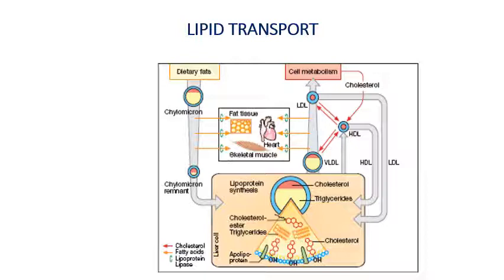This VLDL is then degraded into IDL or intermediate density lipoprotein, which has a very short plasma half-life, and subsequently into LDL or low density lipoproteins. These low density lipoproteins are rich in cholesterol esters, and they circulate in the blood for a pretty long time.